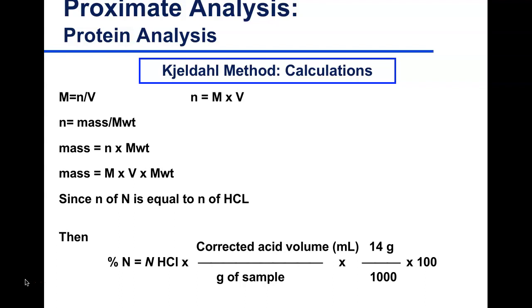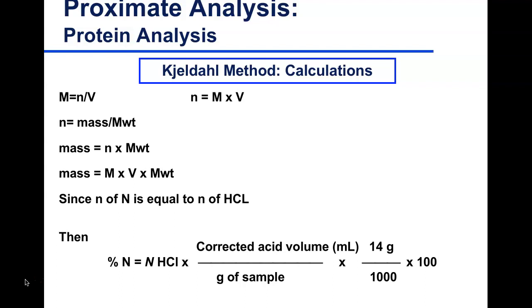What moles are we going to be calculating for right here? Yeah, moles of HCl, because that's what we're titrating, and it's a 1-to-1 ratio. So it's going to end up equaling moles of HCl times the molecular weight of nitrogen still. So it's not going to be the molecular weight of HCl, it's going to be of nitrogen, which I'm just going to write out already, which is 14 grams per mole.